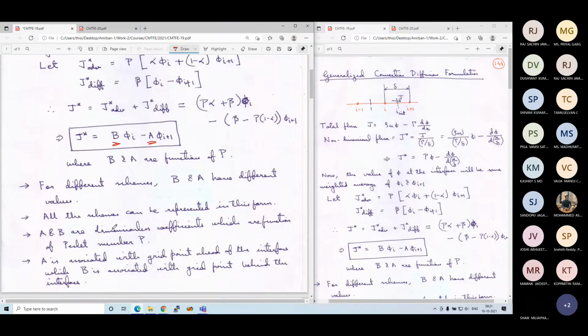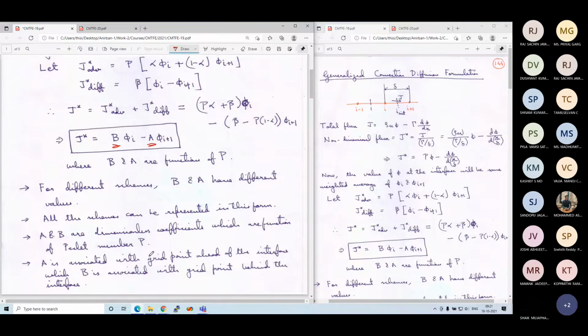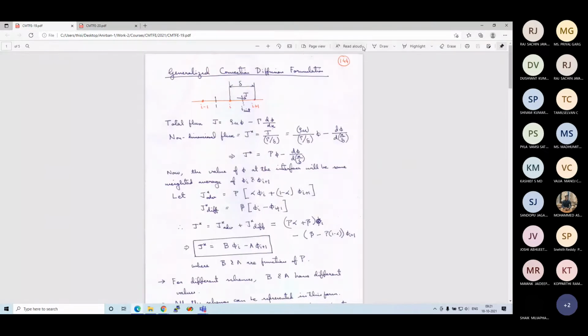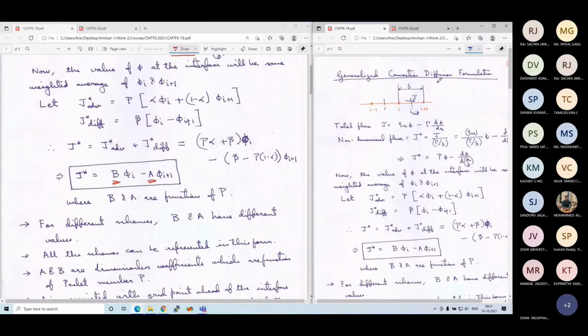A and B are non-dimensional coefficients, which are functions of the Peclet number P. A is associated with the grid point ahead of the interface. A is associated with this grid point and B is associated with this grid point. If we are talking about this interface, A is associated with this point and B is associated with this point.